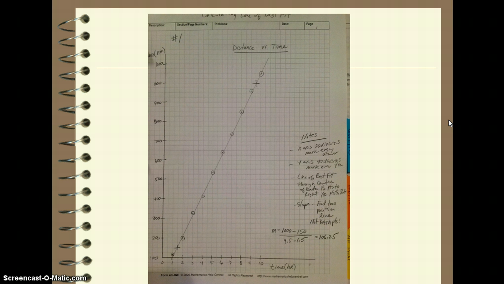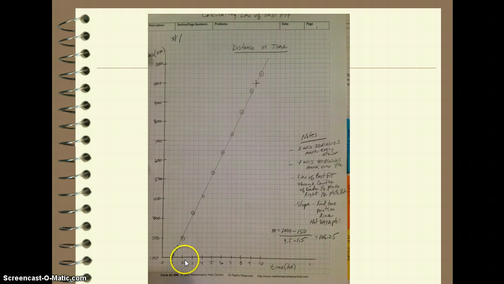So this is an image of a graph that I made in class in a past year. You can see that the title is distance versus time. You can see down here that I have units of hours, and the axis is labeled as time, and up here it's kind of cut off, but this is distance in kilometers.